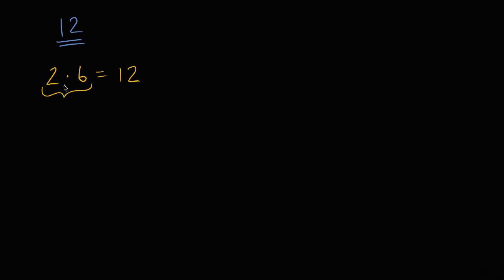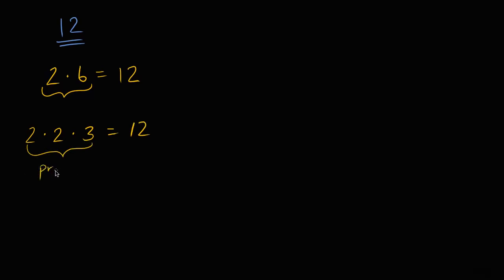People don't really talk that way, but you could think of it that way, that we broke 12 into the things that we could use to multiply it. And you probably remember from earlier mathematics the notion of prime factorization, where you break it up into all of the prime factors. So in that case, you could break the 6 into a 2 and a 3, and you have 2 times 2 times 3 is equal to 12. And you would say, well, this would be 12 in prime factored form, or the prime factorization of 12.